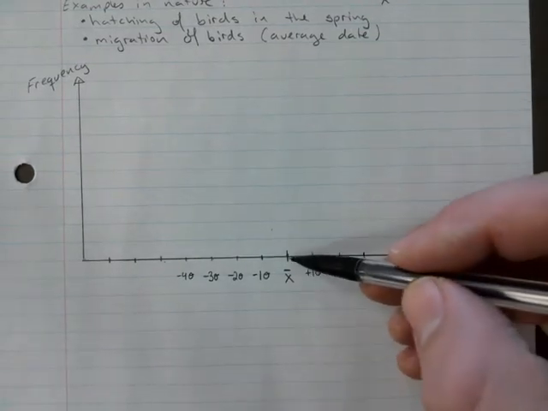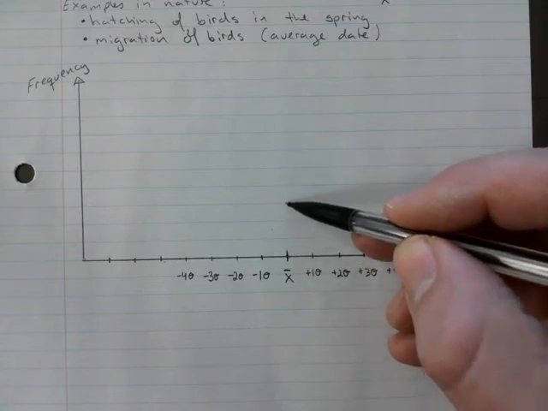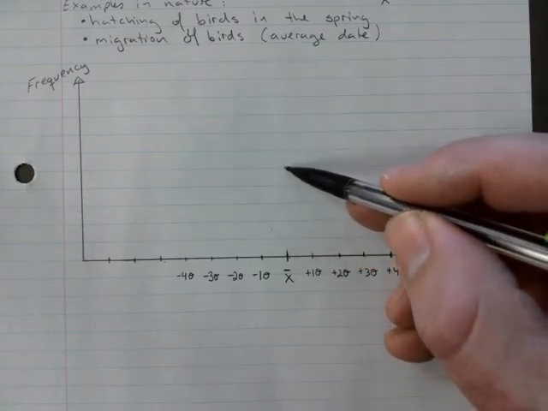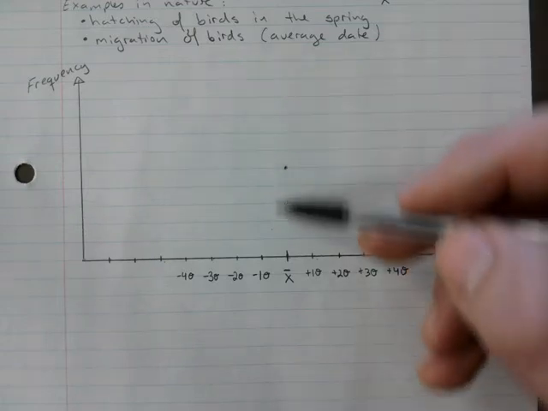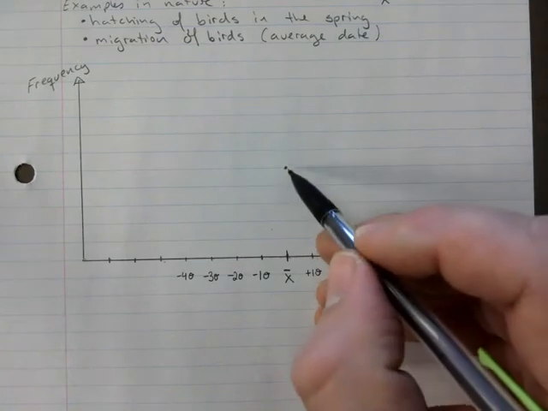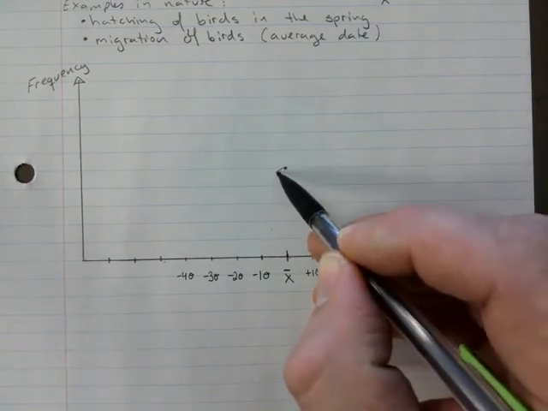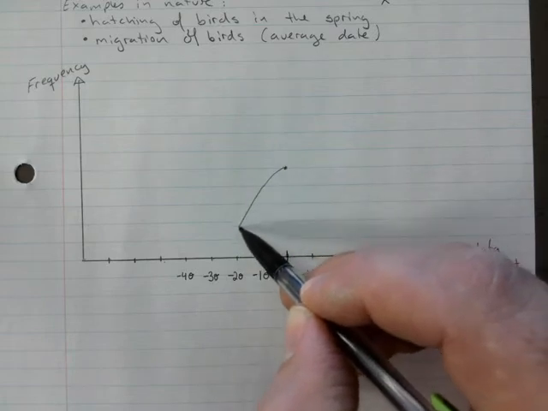Okay, so I want you to now go to the average and just go a little higher up here. Right about there is fine. It's about halfway the height of my frequency, right? And then we're going to try to make our curve, but never touching.